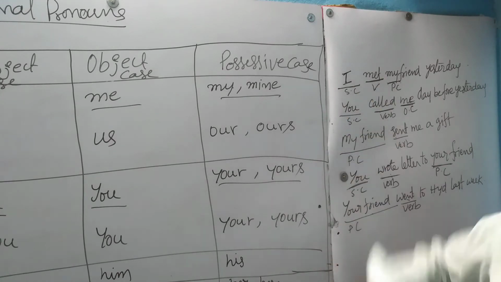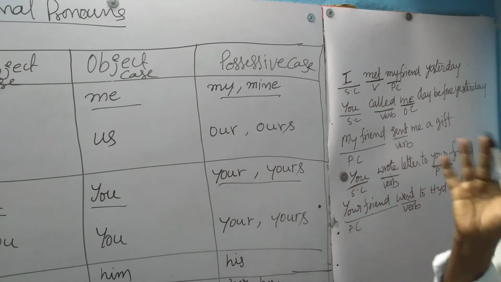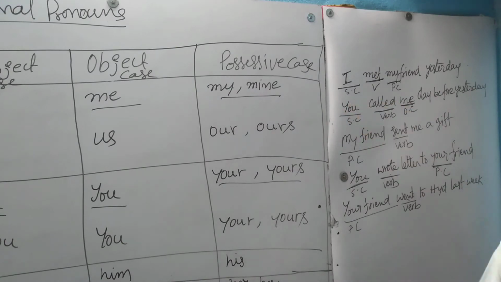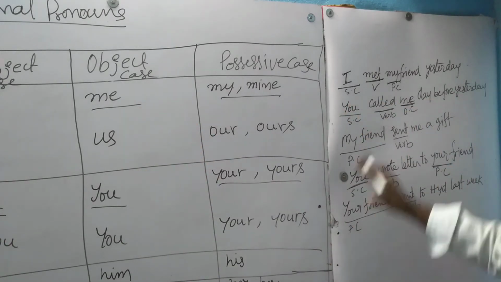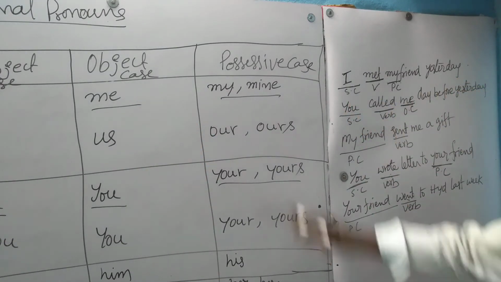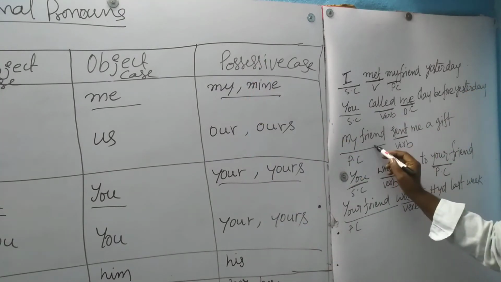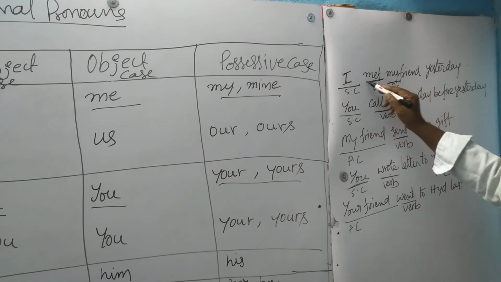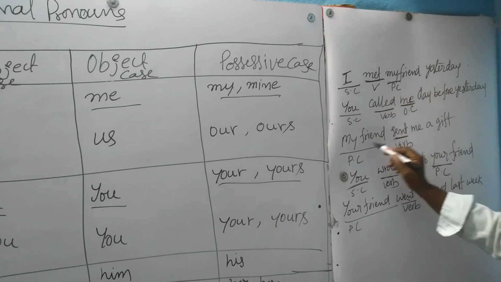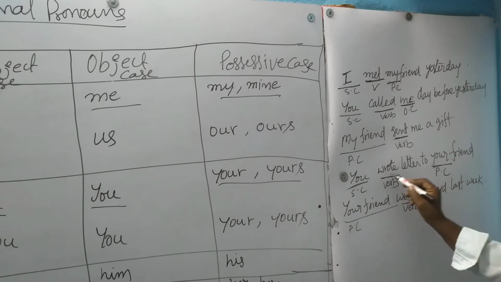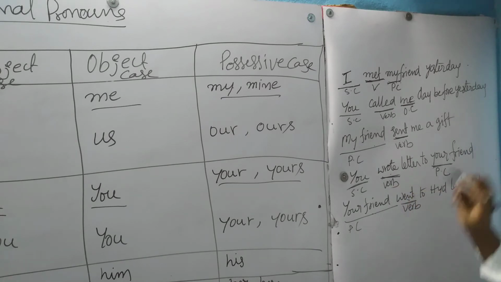So my dear students, you should understand that subject cases should be used before the verb only. Object cases should be used after the verb. But possessive cases we can use before the verb and after the verb. Here also before the verb, here after the verb.